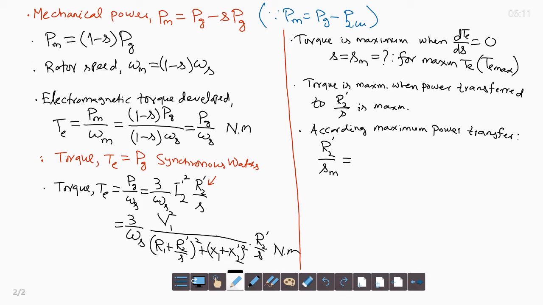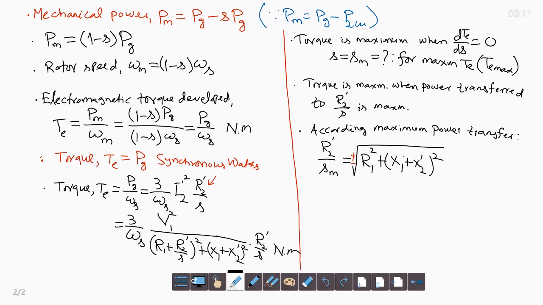This is equal to the impedance, that is, square root of R1 square plus X1 plus X2 dash square. The right hand side is the impedance, which you can say is the source impedance, and the left hand side is the resistance to which power is transferred. And of course, we have plus and minus sign here, because it is a square root.